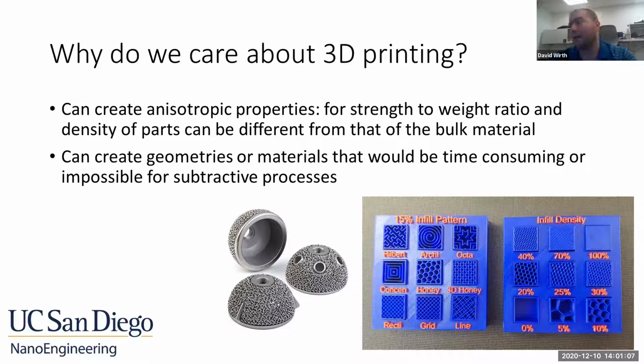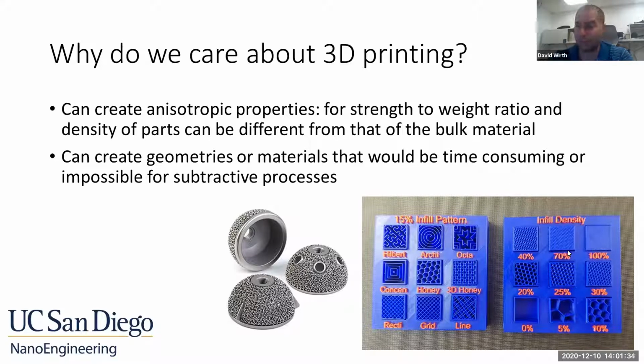You can create structures with strength to weight ratios and densities that are different from that of the bulk material. So you look here at these honeycomb patterns and these infill densities. You can digitally control the strength and the strength to weight ratio of your final structures, which is something you can't really do with other manufacturing techniques. And you can do it just from a program, just from a CAD file.